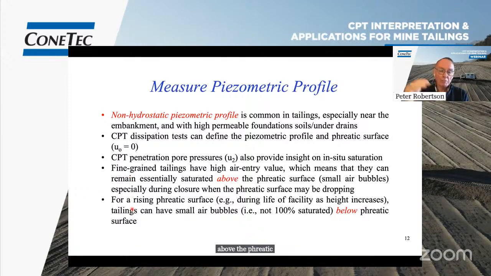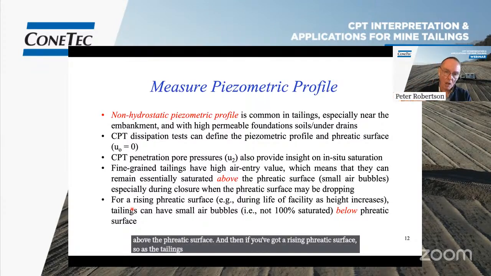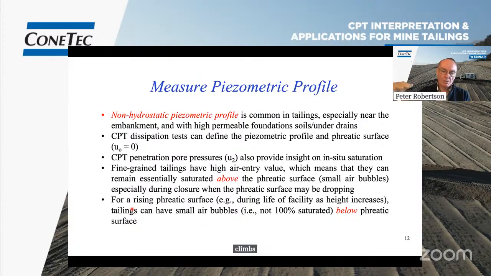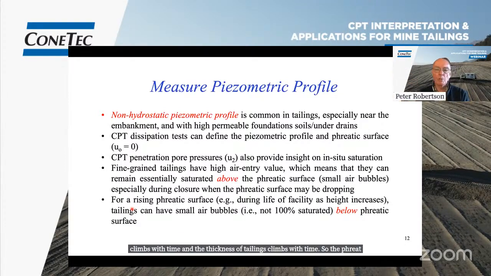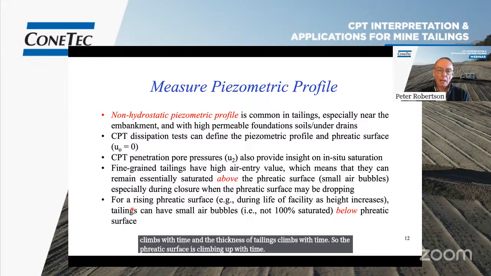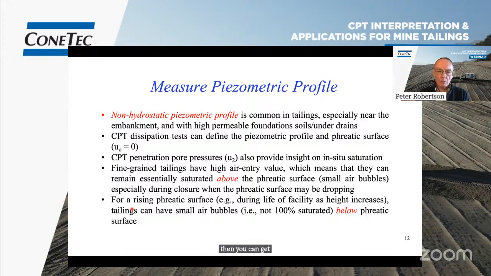And then if you've got a rising phreatic surface, so as the tailings facility is built over time and the embankment climbs with time and the thickness of tailings climbs with time, so the phreatic surface is climbing up with time, then you can get small air bubbles below the phreatic surface. So it's not fully saturated below the phreatic surface. I'll show examples.